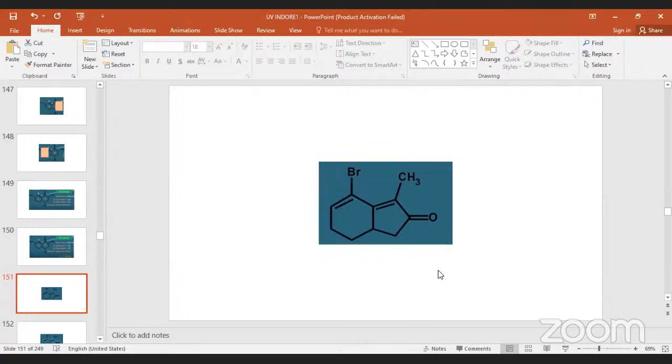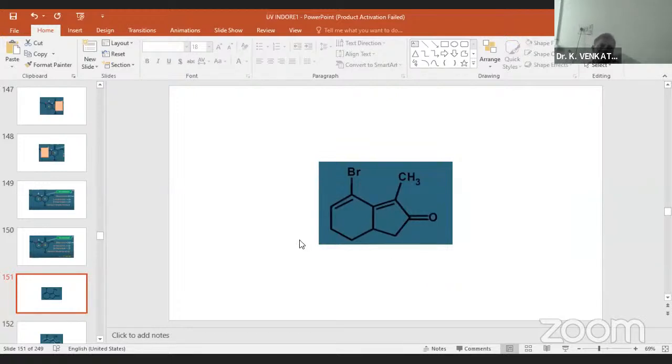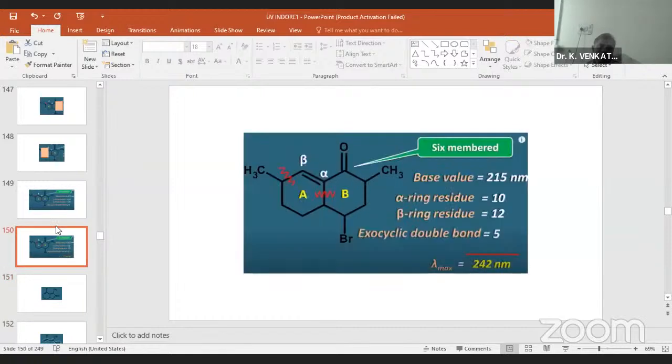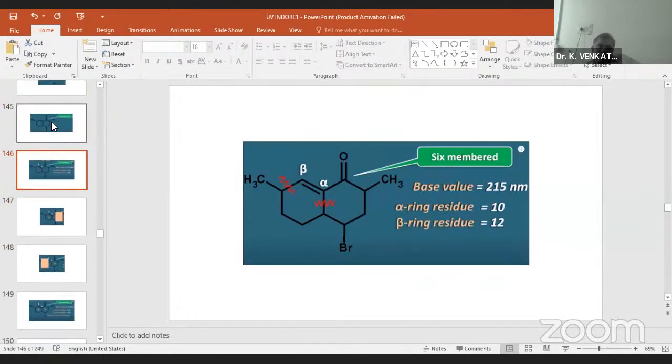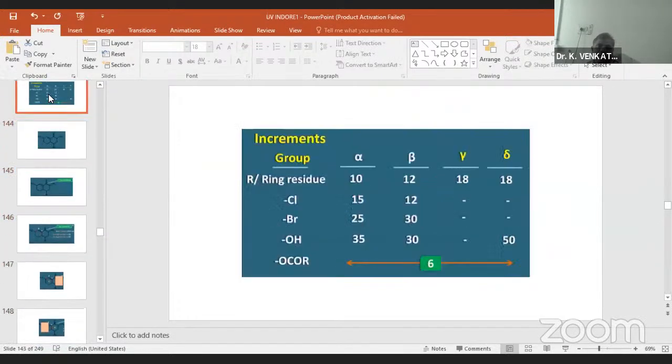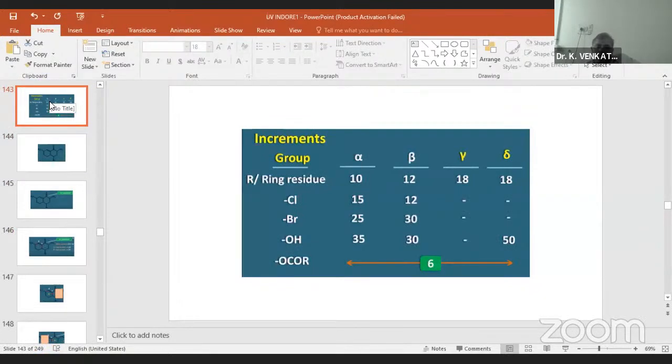Bromine? Yes, ma'am. If alpha, beta, or gamma position is present, that time the increment is present. For halogen, it is different. Where is the halogen present, ma'am? Alpha position or beta position? Alpha, beta, and gamma positions. So the halogen is present in the delta position. So we cannot calculate, madam.